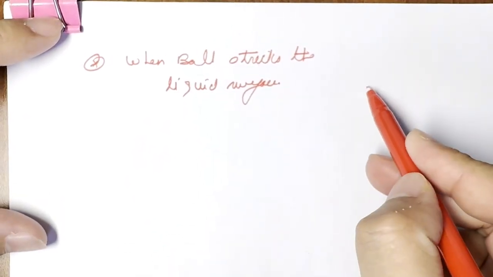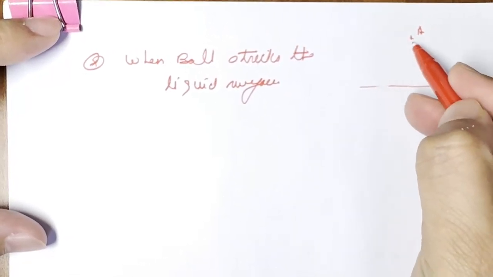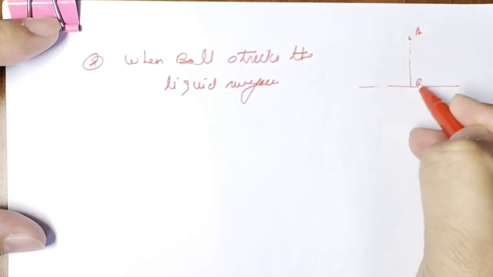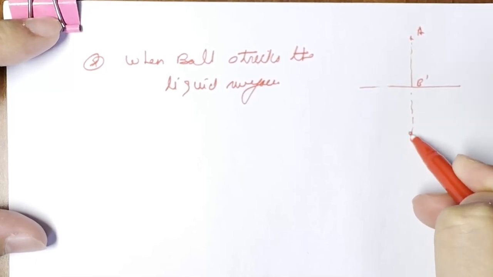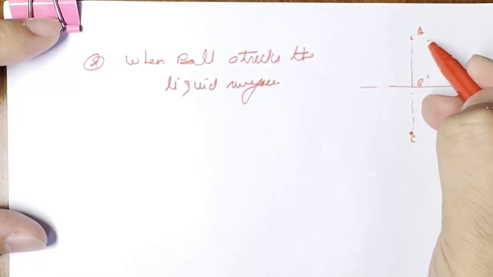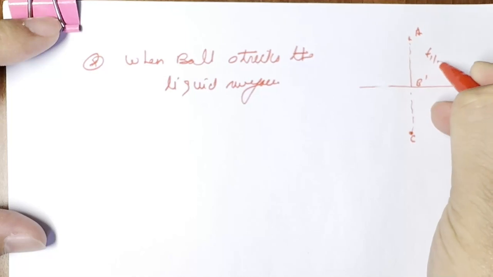So let me redraw this figure here. This is our point A, this is B prime, and we call this point C. The time taken from A to B prime is T1 by 2.